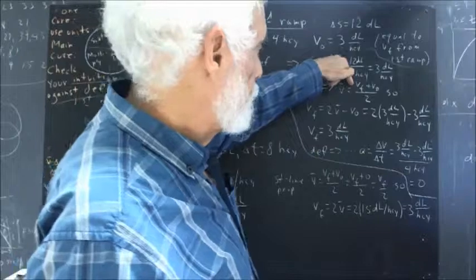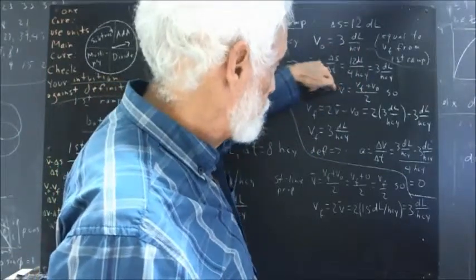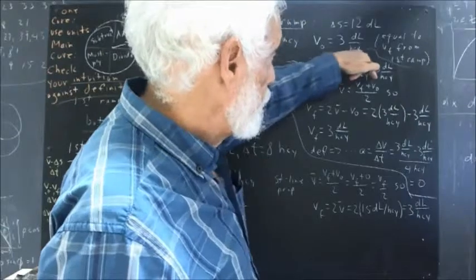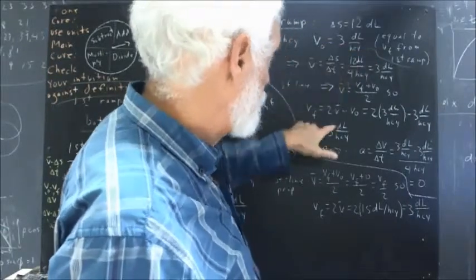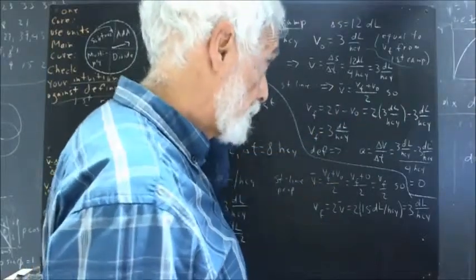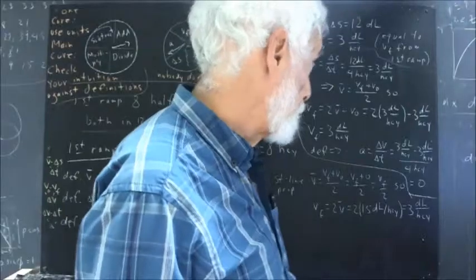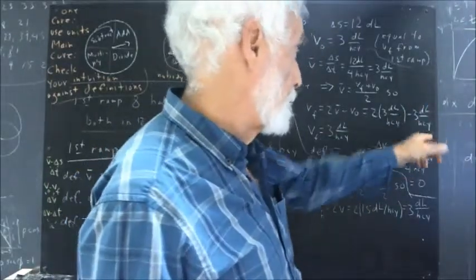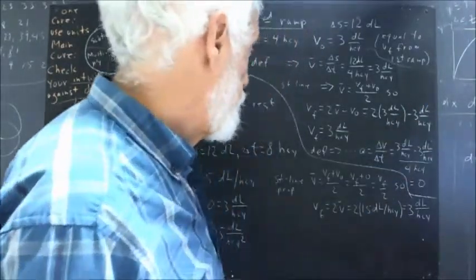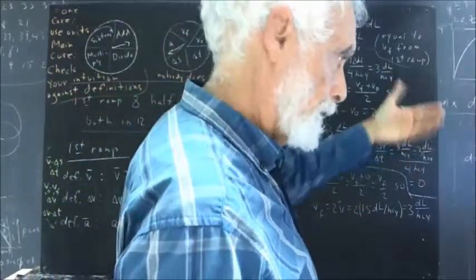We solve this for VF. Multiply both sides by 2, we get 2 V bar. Subtract V naught from both sides, we find that VF is 2 V bar minus V naught. That's then 2 times 3 domino lengths per half cycle minus 3 domino lengths per half cycle. 2 times 3 is 6, subtract 3, you get 3.